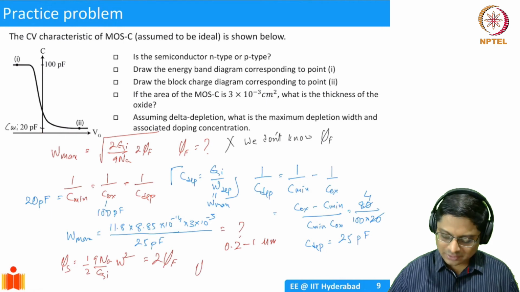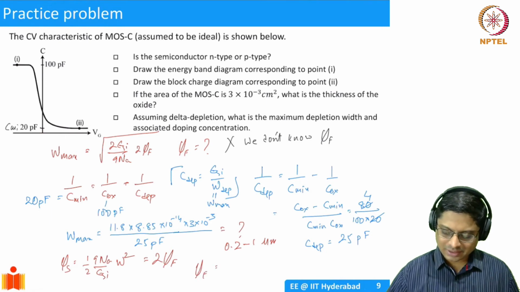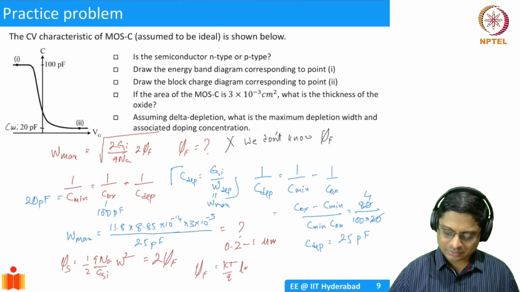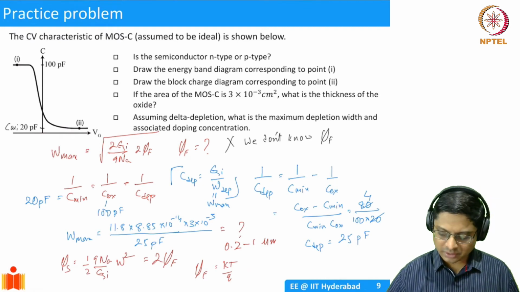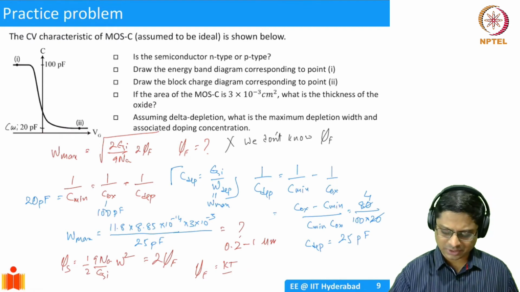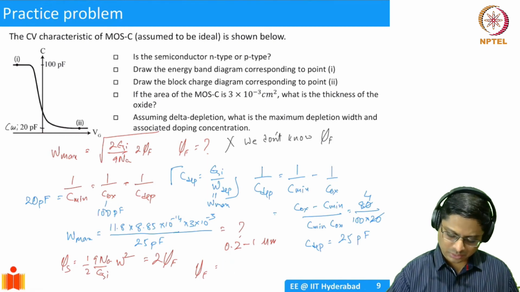Once you get phi f, you calculate KT by Q, ln of, no, not ln. It should be KT by Q. So you want Na, right? Not phi f.